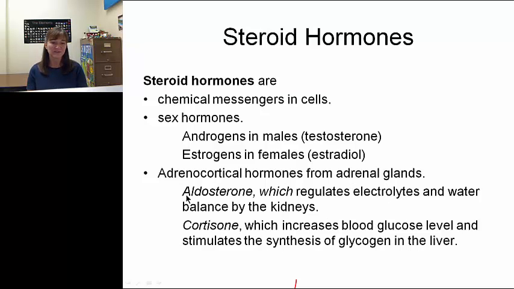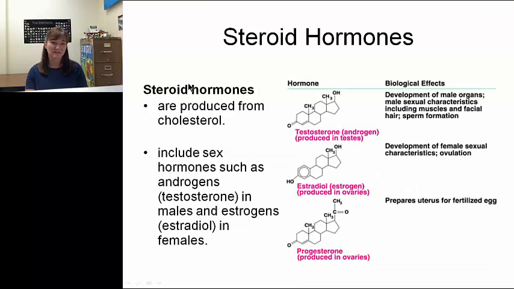Two examples of those are aldosterone, which regulates electrolyte and water balance in the kidneys, and cortisone, which increases blood glucose levels and stimulates synthesis of glycogen in the liver. So those are some examples. I'm not going to ask you anything really this detailed.